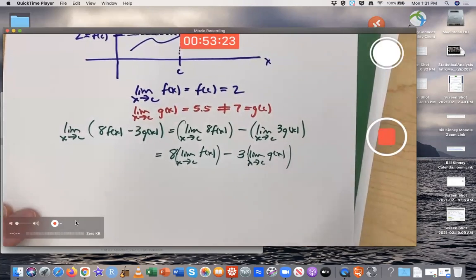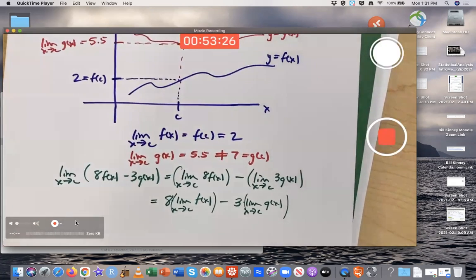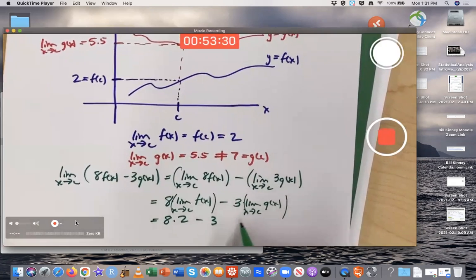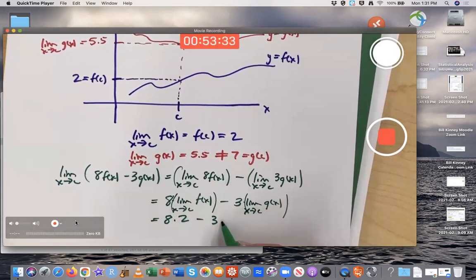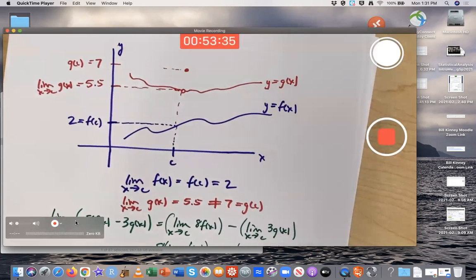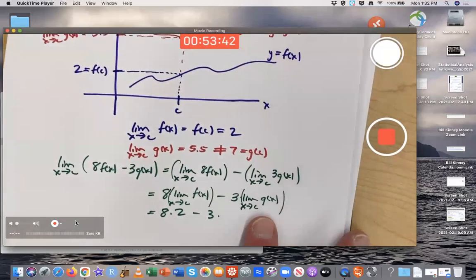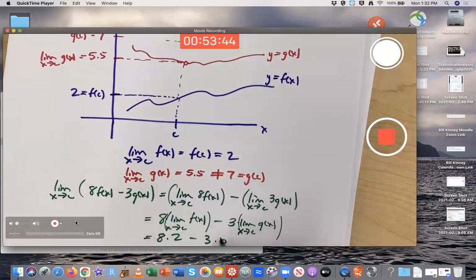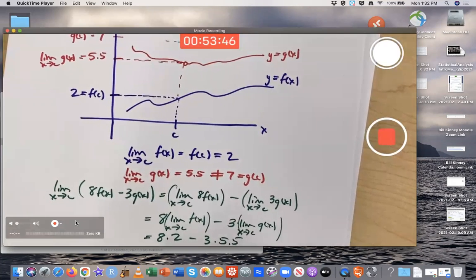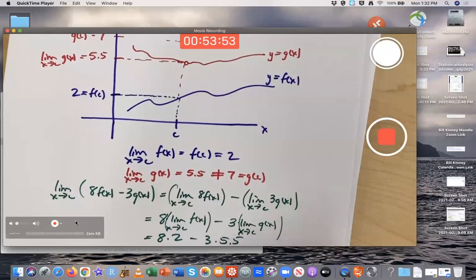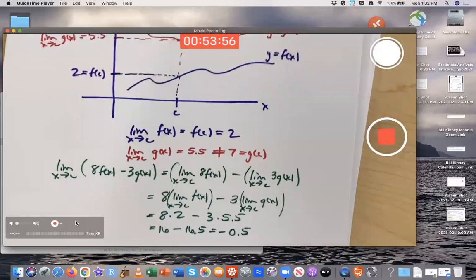In fact, based on this graph, the limit as x approaches c of f of x is 2, and the limit as x approaches c of g of x is what, 5.5 or 7? This one, 5.5. So we get 16 minus 16.5. Didn't mean to make those so close, but it's okay. The answer is negative 0.5 for this limit.